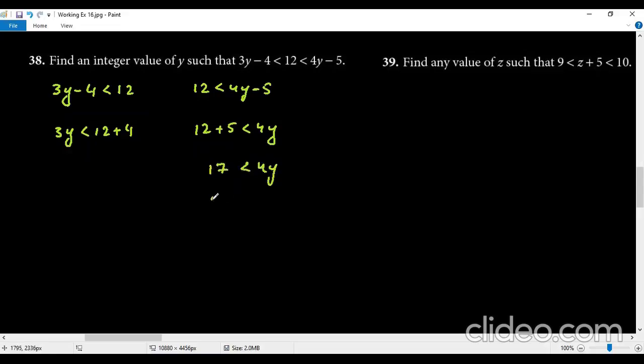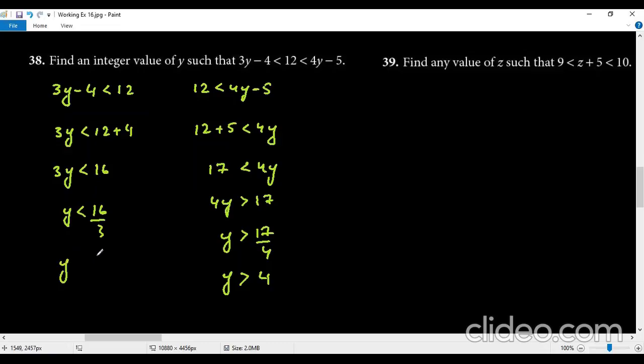That means 4y is greater than 17, and y is greater than 17 over 4. 4 times 4 is 16, so it's going to be around 4. And the first one is 3y less than 16, and y less than 16 over 3. That means 4 is going to be the number, and we need to find the integer. And for question number 38, 5 is going to be the answer.